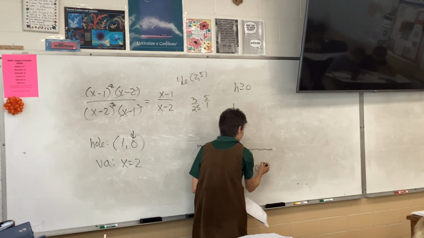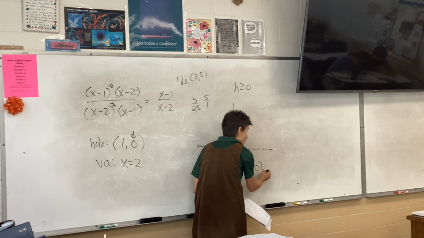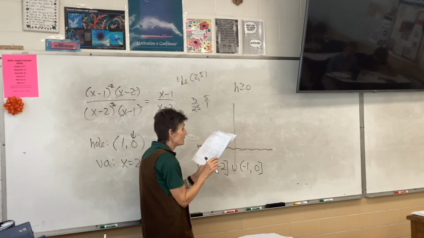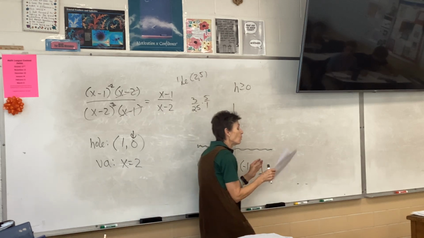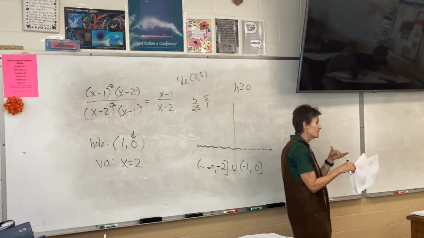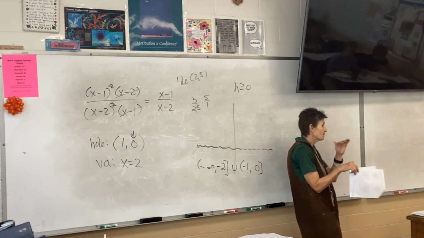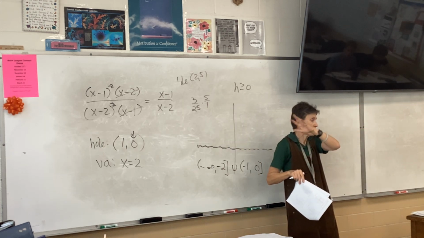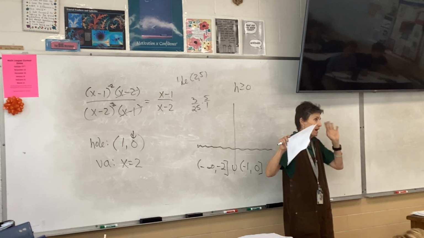So even though it looks like the line crosses the horizontal asymptote, it's still part of the answer. It is. Remember, crossing a horizontal asymptote is not an issue. Remember, there's really only asymptotes out here. We draw them all the way across, but in the middle it's not an asymptote.